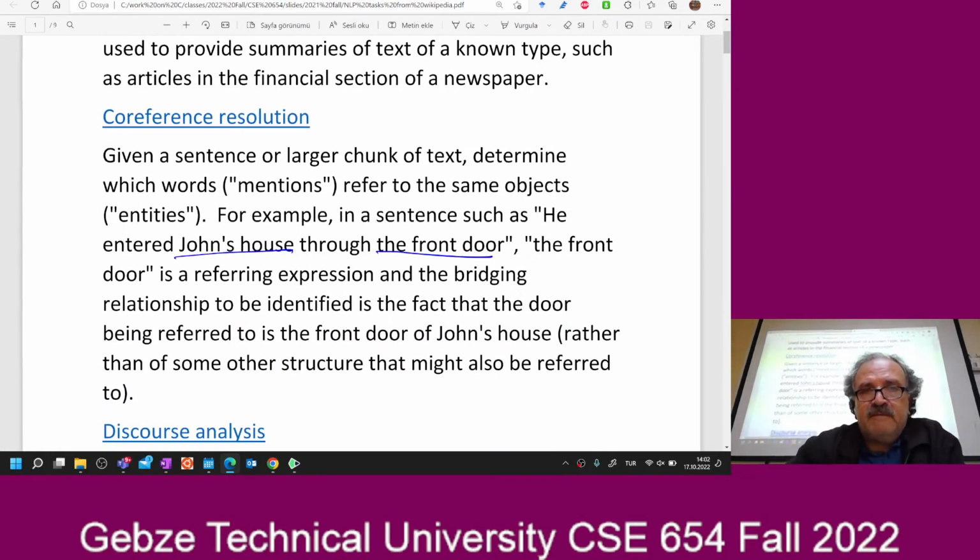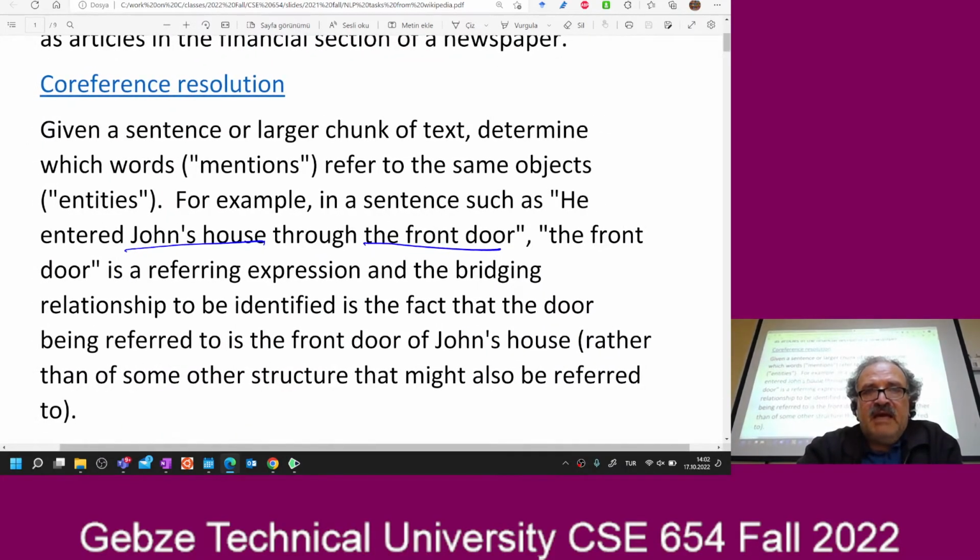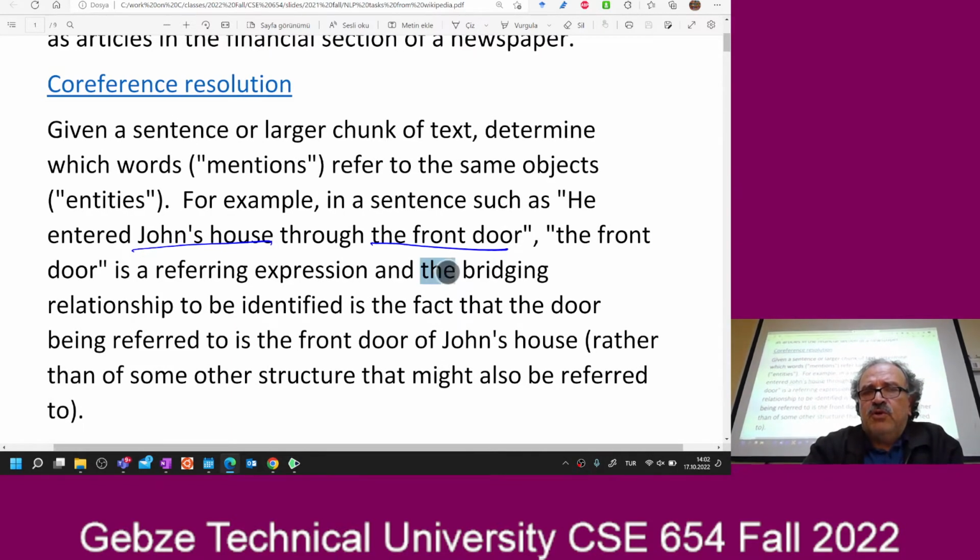Co-reference resolution, okay? How about this: He entered John's house through the front door. When you say the front door, you immediately know it is the door of the house, right? So that's called co-reference resolution.